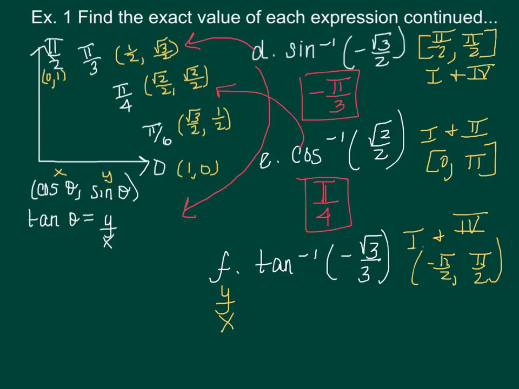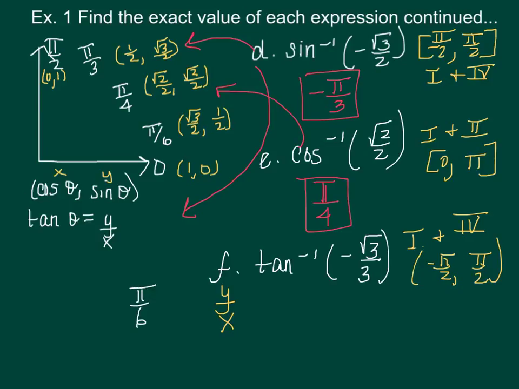Okay, so which angle, let's only look in quadrant 1 first. If I divide the y over the x, it would give me square root of 3 over 3. We know it's not pi over 4. Has to be either pi over 6 or pi over 3. Let's try pi over 6.